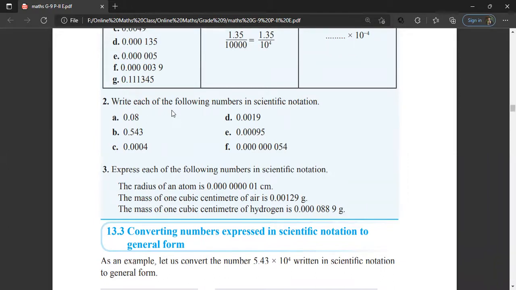Both are correct, right? Okay. Next one. 5.43 into 10 to the power minus 1. Very good.